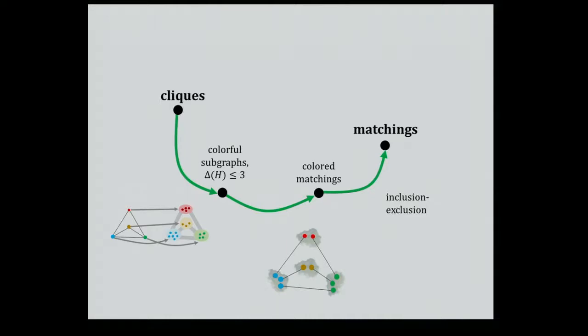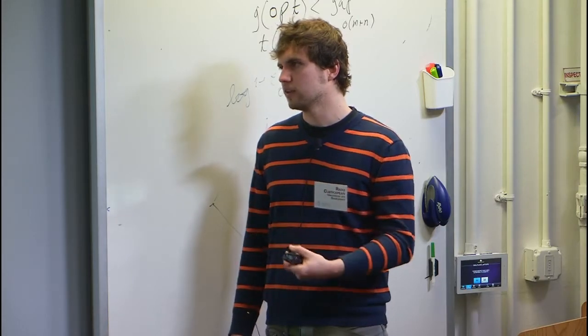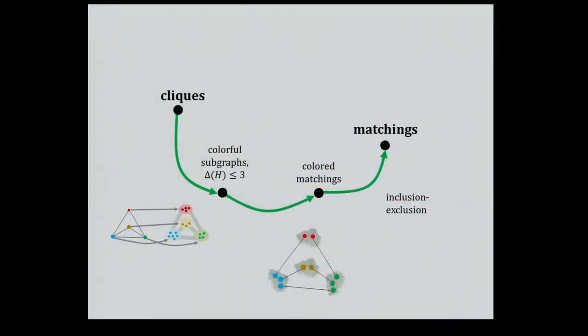Okay, let me recap. So there is a reduction from counting cliques to counting colorful subgraphs, which was this problem. Doing this chain of explosions gives you a colored matching. And in the end, well, you can get rid of these colors by some simple inclusion-exclusion argument, which I don't have time to sketch now, but it's easy to check. Essentially, you use here that each edge has a unique pair of colors appearing in it. So you can, in particular, count those matchings in an uncolored graph which would avoid a certain set of edge colors.